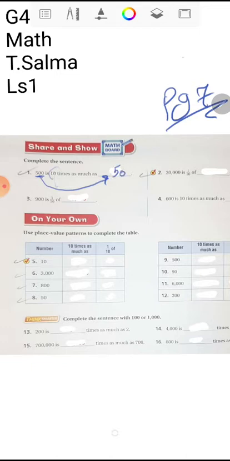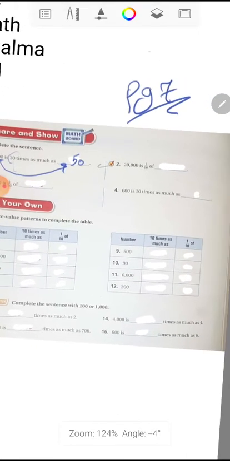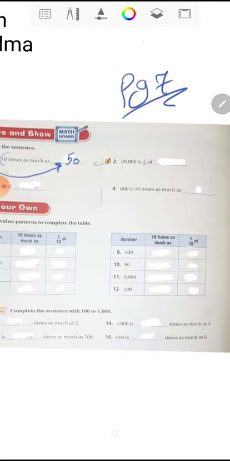Okay, now what about number 2? Number 2, 20,000 is 1 over 10 of which number? So here you will have the smaller number. Okay, the smaller one.